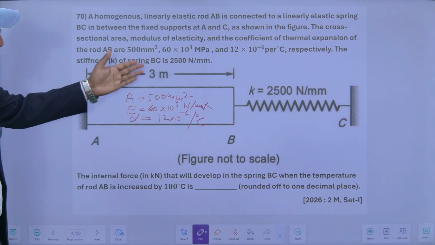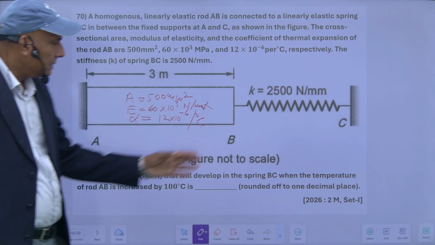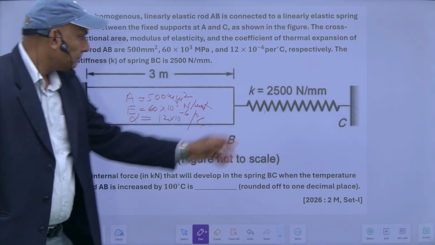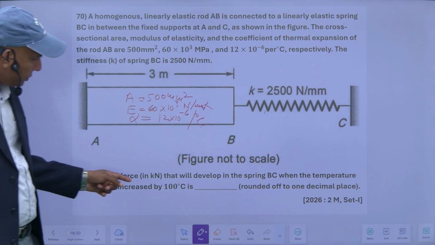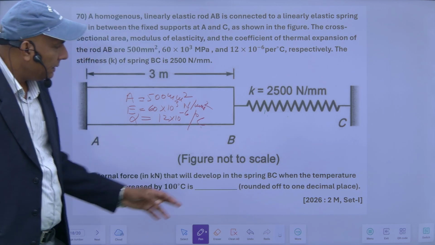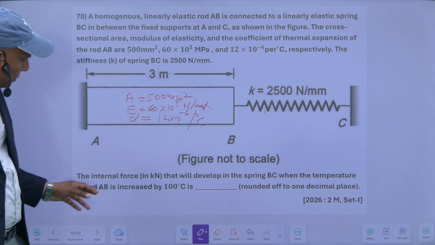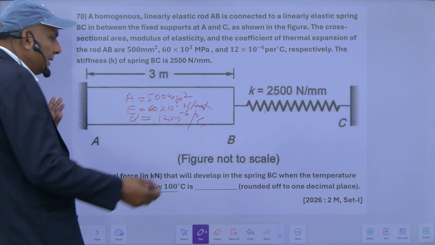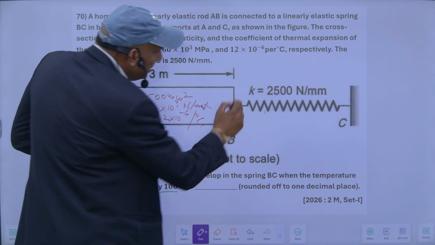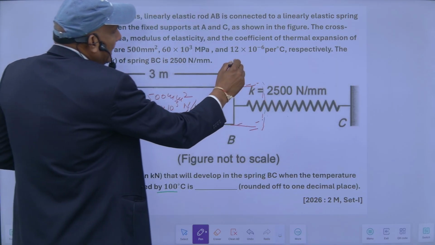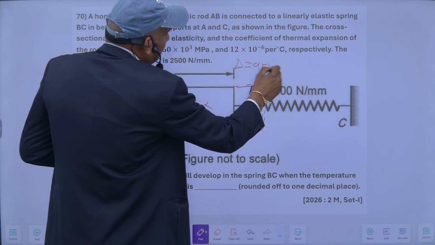The spring stiffness K of the spring BC is given this much. Now the internal force in kilonewton that will be developed in the spring BC when the temperature of the rod AB is increased by 100 degrees. So what will happen when I increase the temperature? Obviously there will be some expansion. So this is delta, and delta is equal to alpha TL.